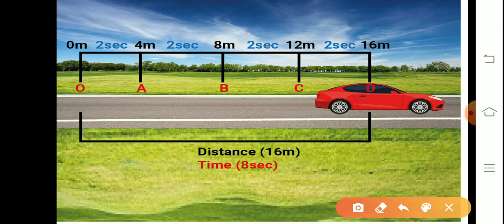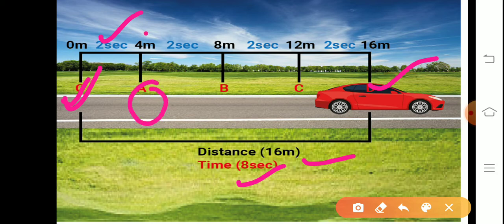Consider a car that moves from one position to another, a distance of 16 meters, within 8 seconds. Here the car starts from O, and after 2 seconds it reaches position A covering 4 meters.